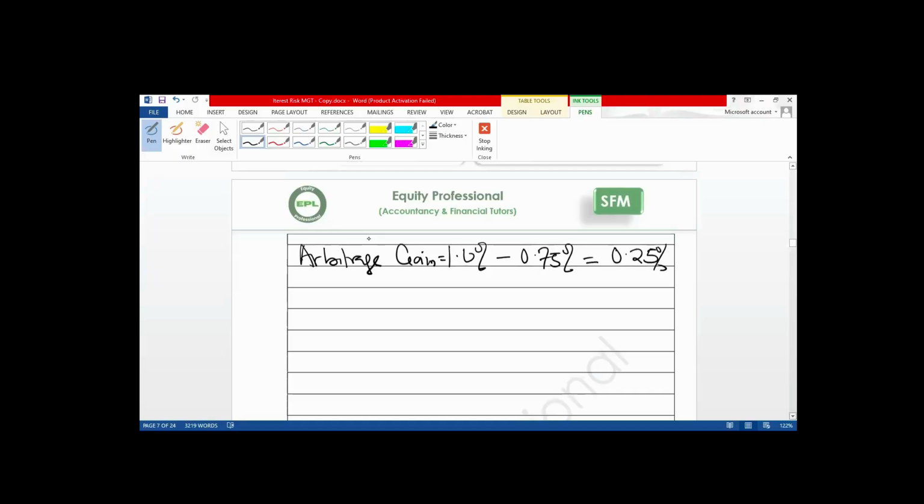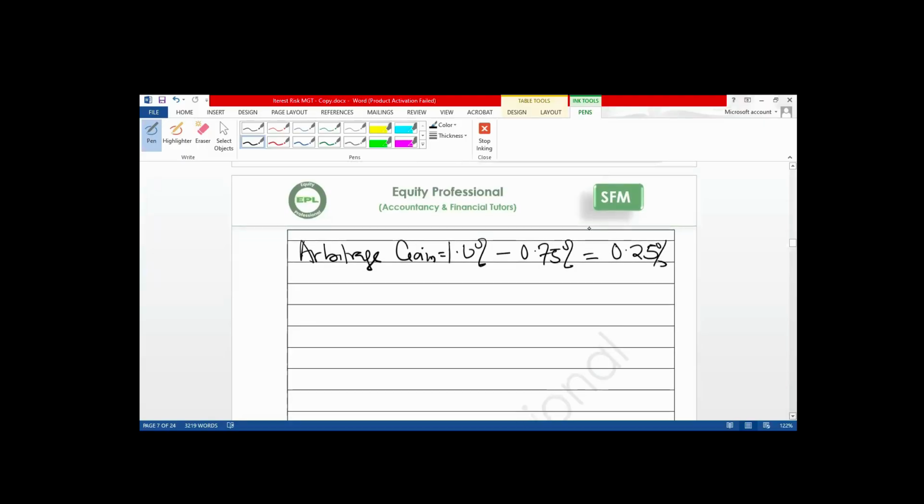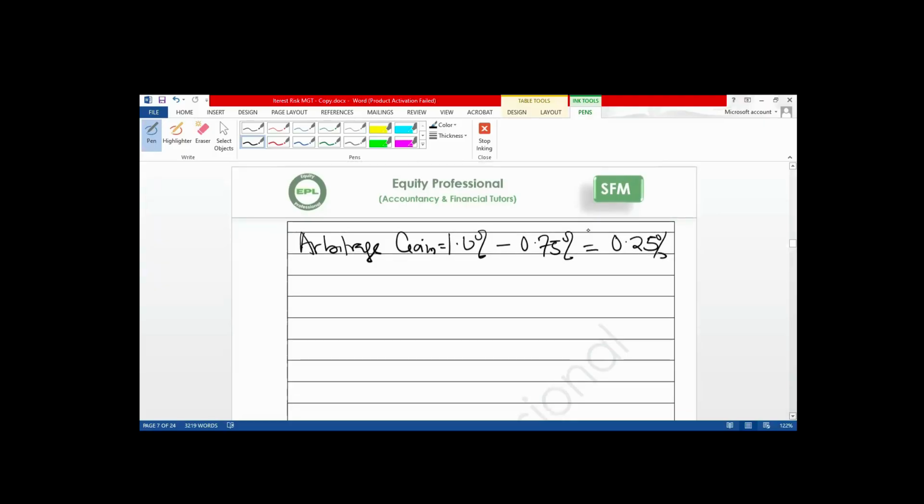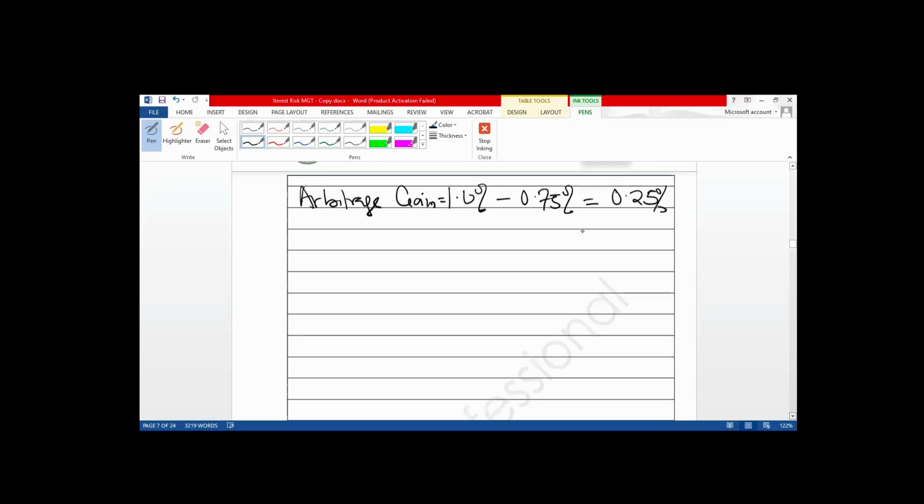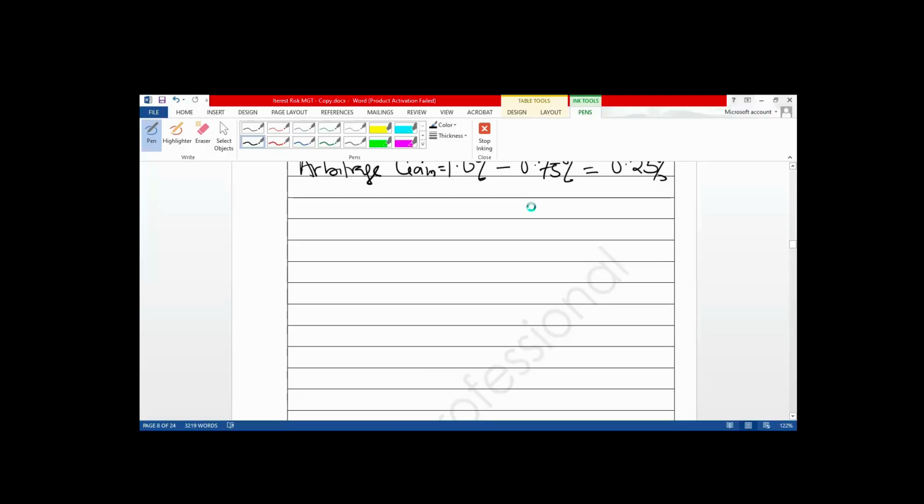Now go to your step 2. This arbitrage gain will be shared equally between the two parties, MP and TK.